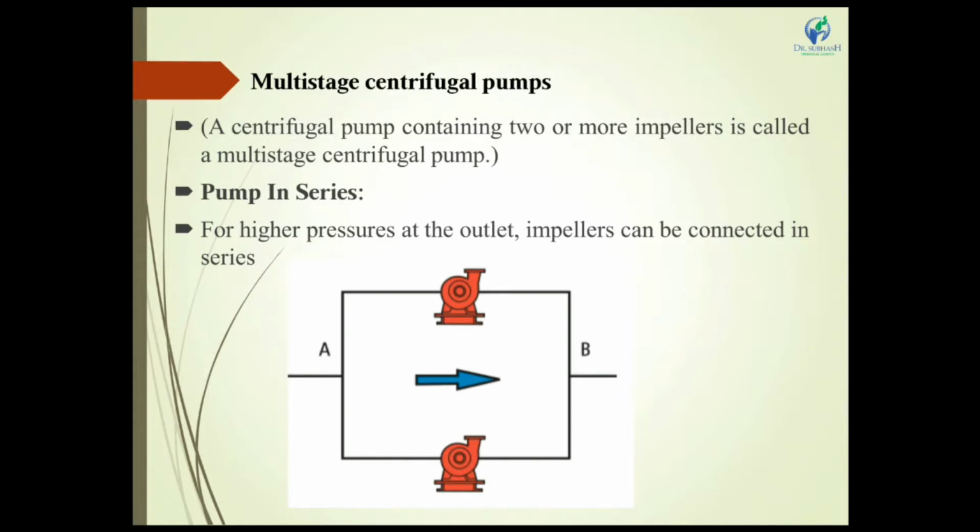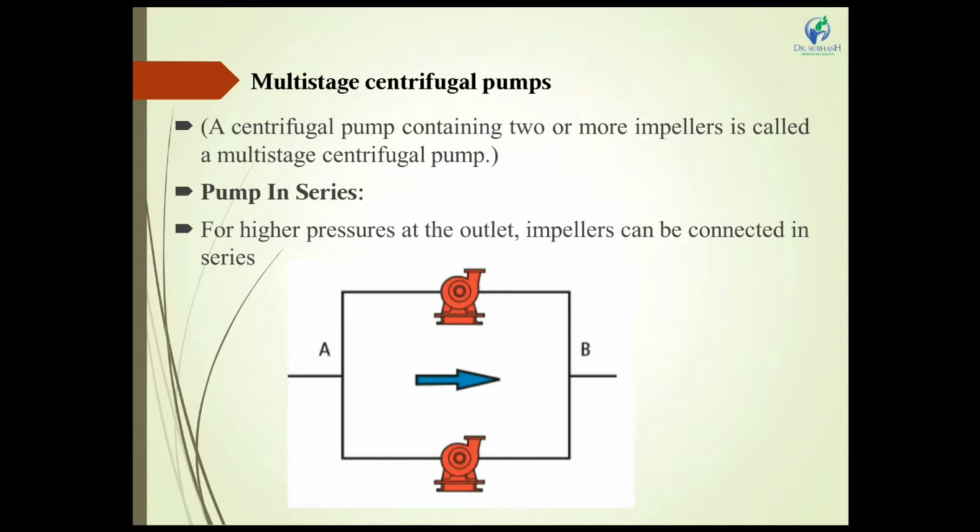If you require more pressure, or more discharge as per our utilization work, we have to use two or more pumps. That's called a multi-stage centrifugal pump. There are two types, pump in series and pump in parallel.